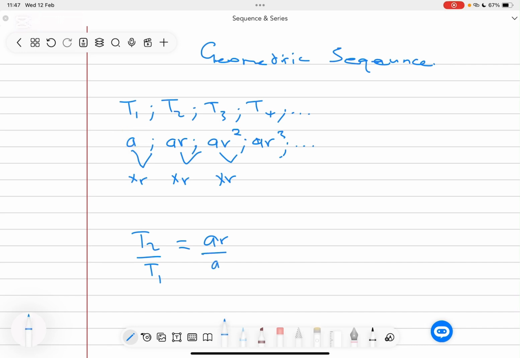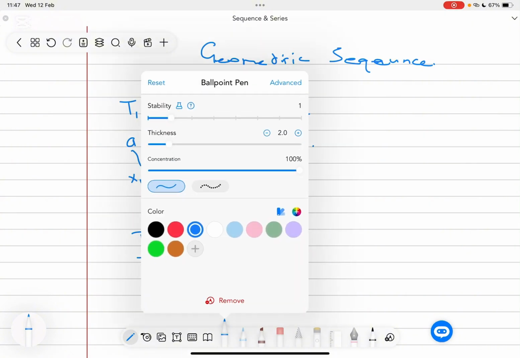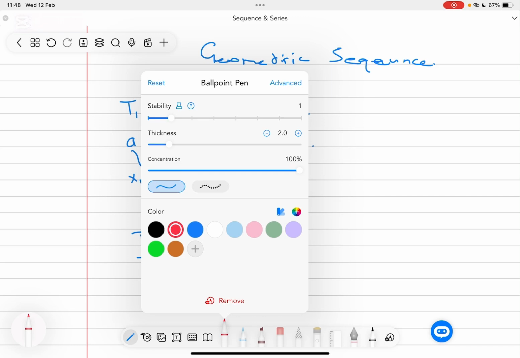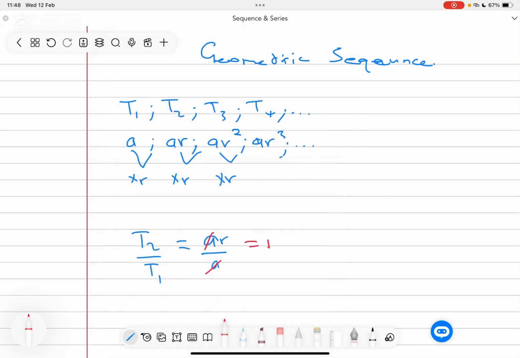And this would then mean that the A and the A would cancel each other, so that I'm only left with an R.